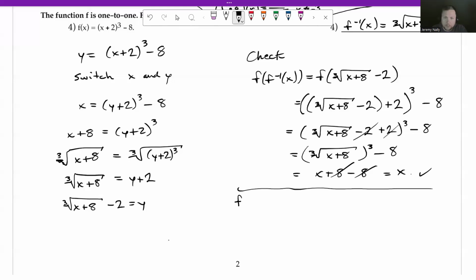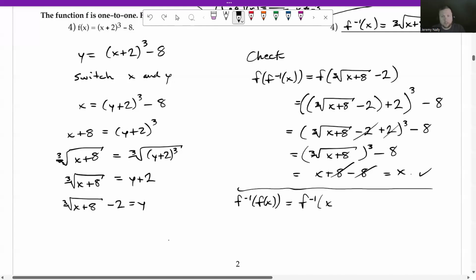If we check the other way, so then we have inverse f of (x plus 2) cubed minus 8.